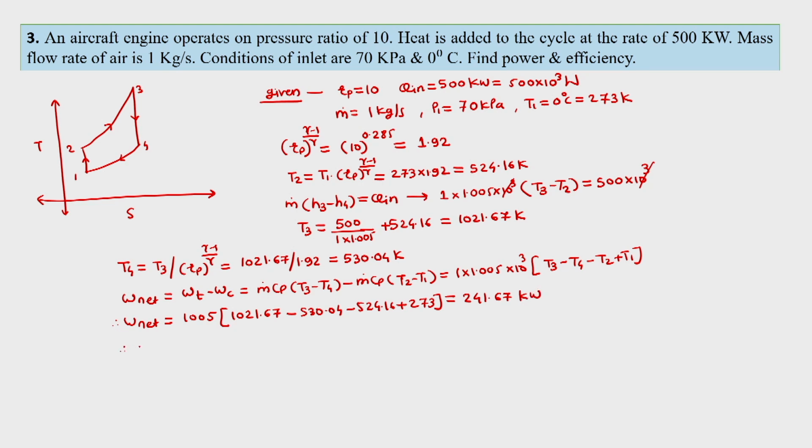So we can find out efficiency as W net upon Q in, where Q in is given to us. So looking at this, efficiency becomes 0.483, so it is 48.3%. So this is the efficiency of the Brayton cycle. Move on to the next example.